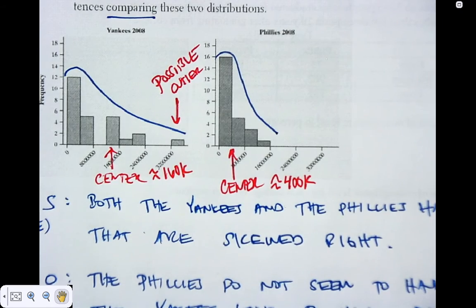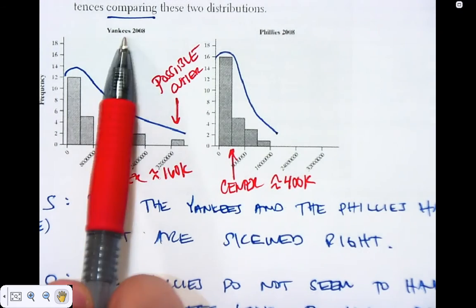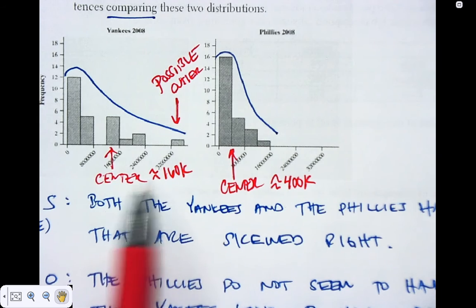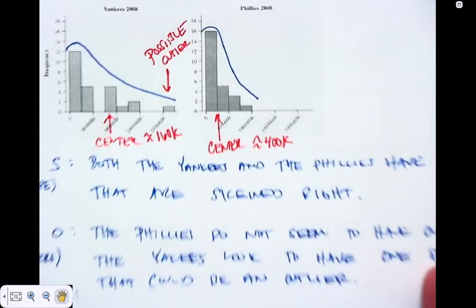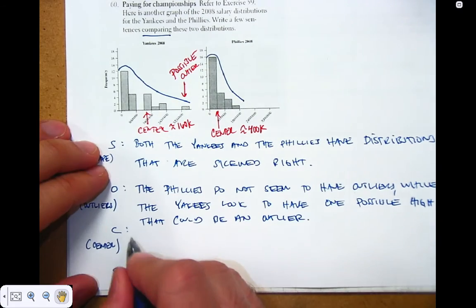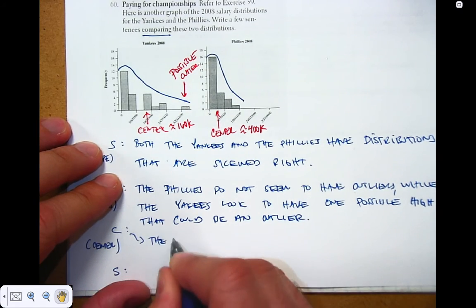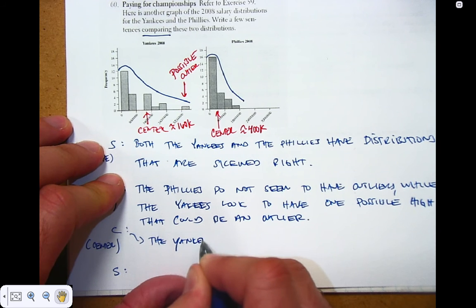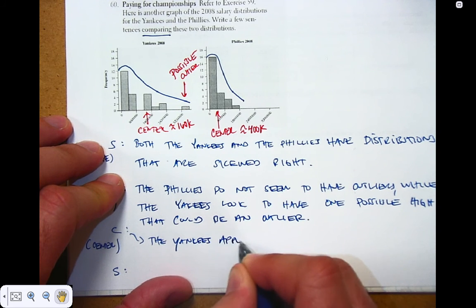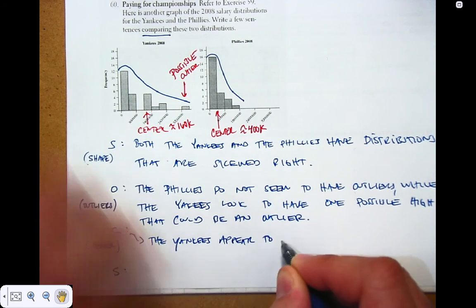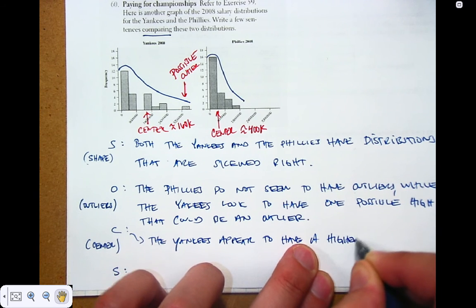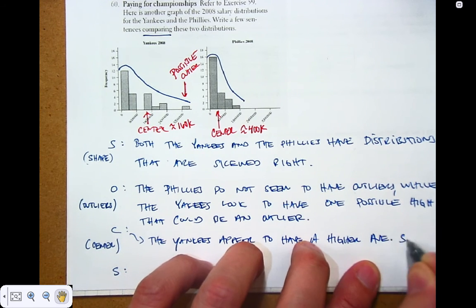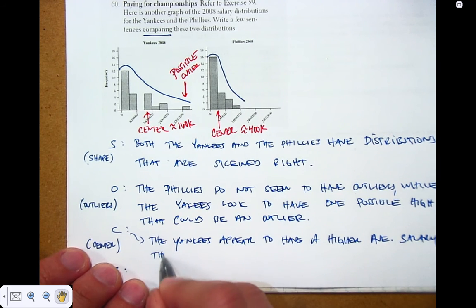And so for a comparison, you would clearly say that the Yankees seem to have a higher average salary than the Phillies. And that's a perfect sentence comparing them, right? So all you would say here is the Yankees appear to have a higher average salary than the Phillies.